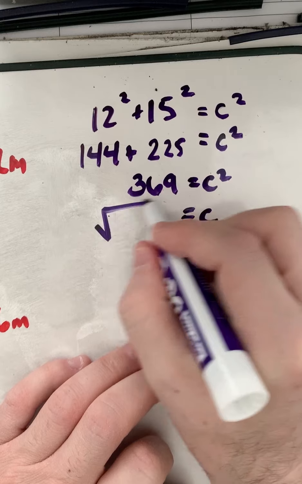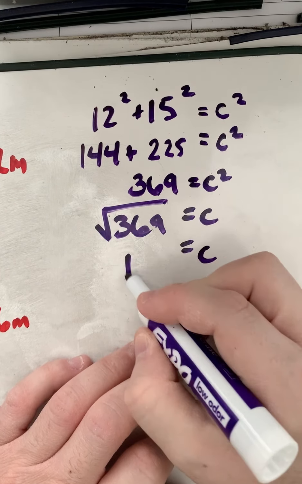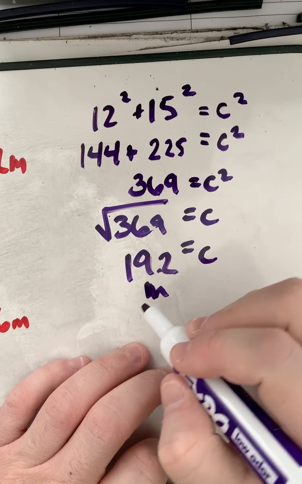We're going to square root that, and our 12-meter ramps are 19.2 meters long, okay?